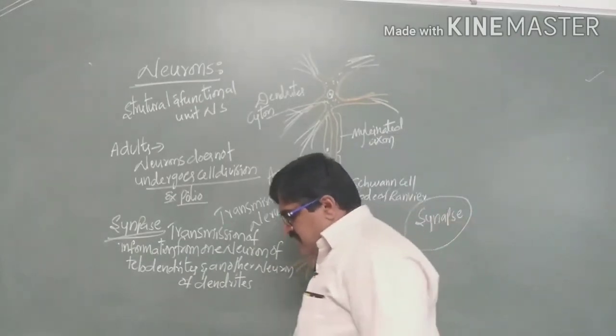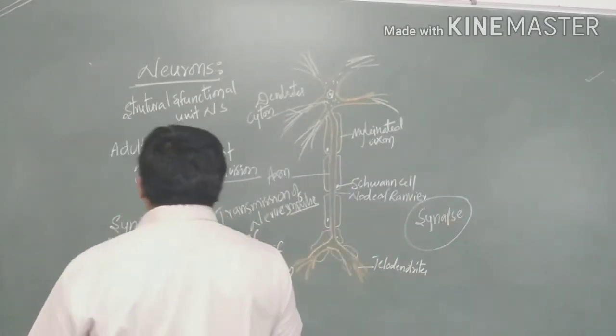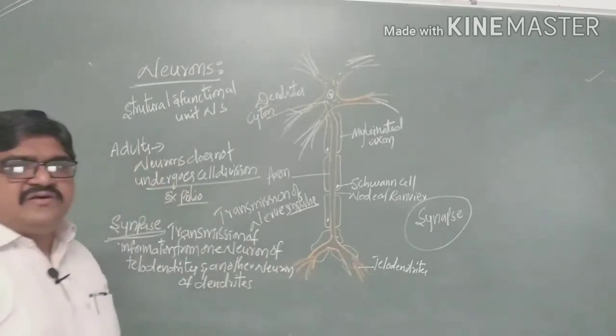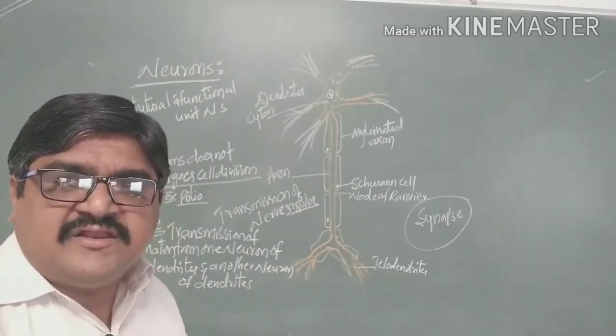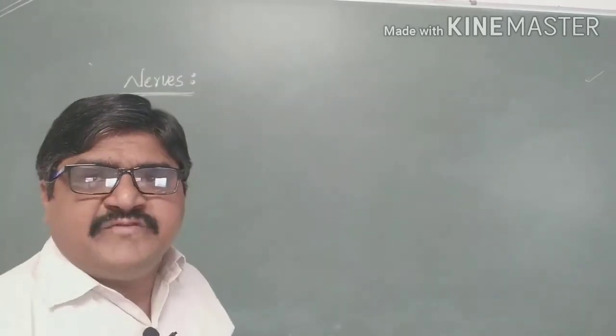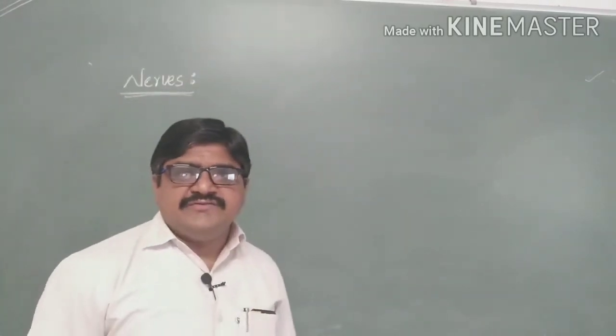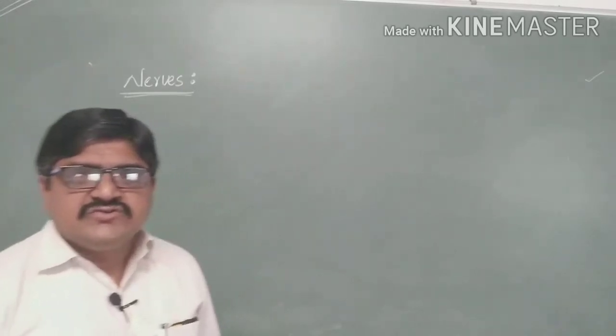Next, coming to the nerves. Here, three types of nerves are present, which we will discuss. So what are nerves?